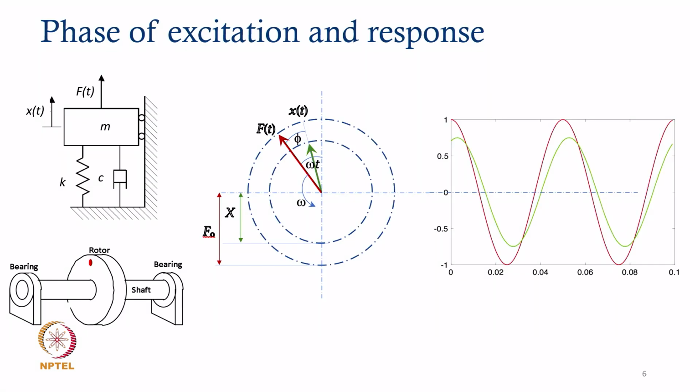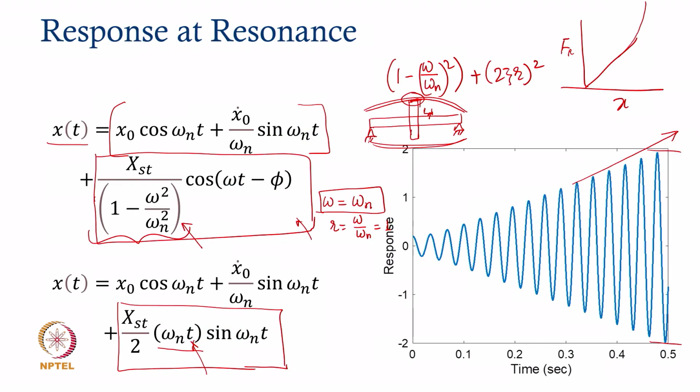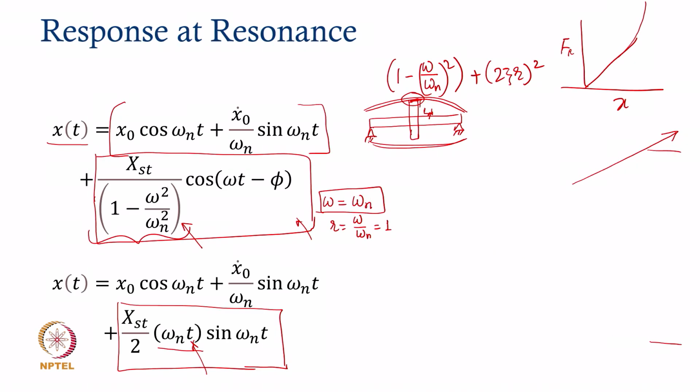Okay. Now, with that let's get back to what we were discussing about the phase between the excitation and response, and the expression phi that we derived, which is tan inverse of 2 zeta r over 1 minus r square.